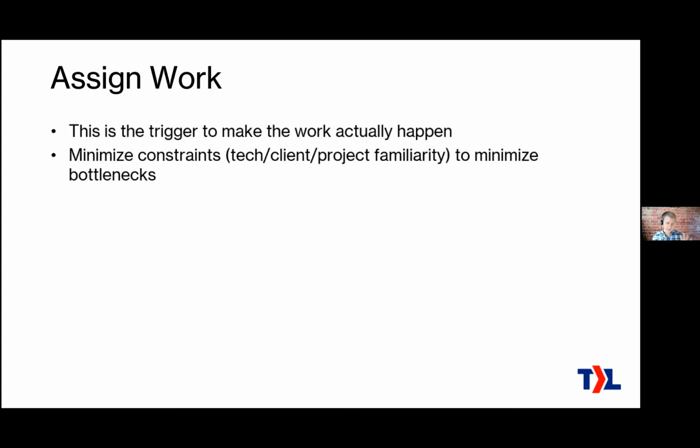If you're at all typical, that's what you're going to find: if you look at all the work queued up for the different engineers on your project teams, your senior engineers are going to have the most, either in the number of tickets or the total estimated hours, or both. So we want to minimize that. The key thing before you can minimize that is you need to be able to visualize it, which is what you get out of the Kanban boards. Once you can see it, then you can start to address it.